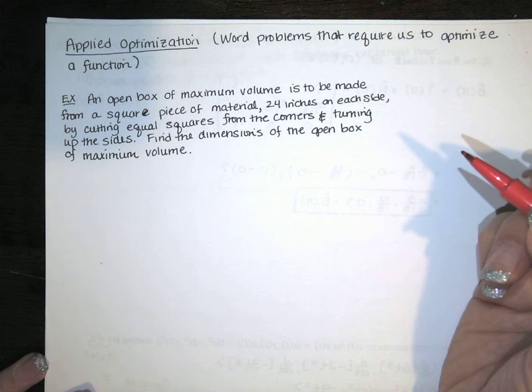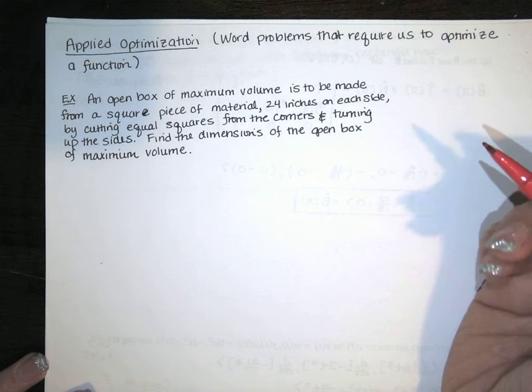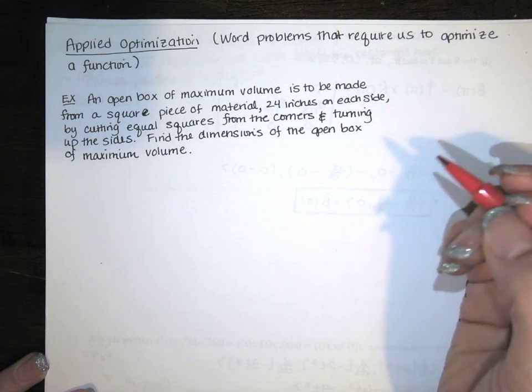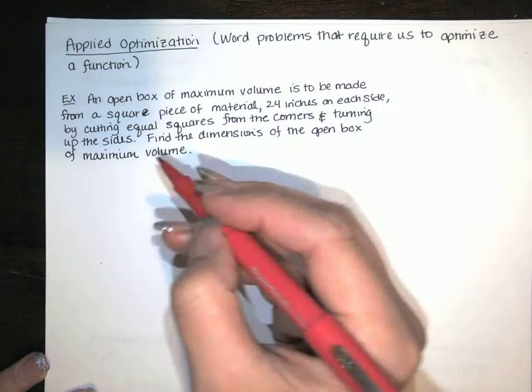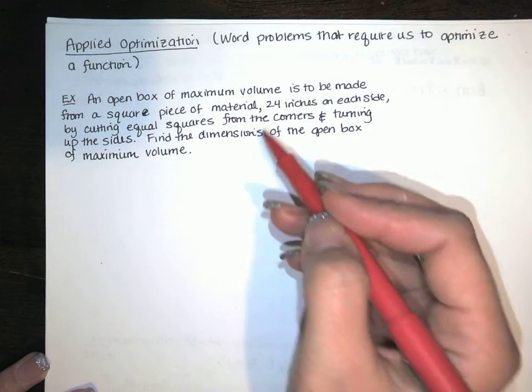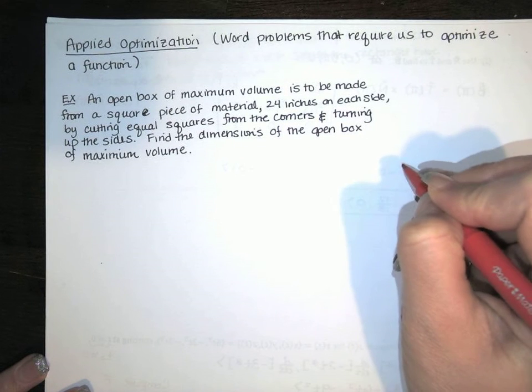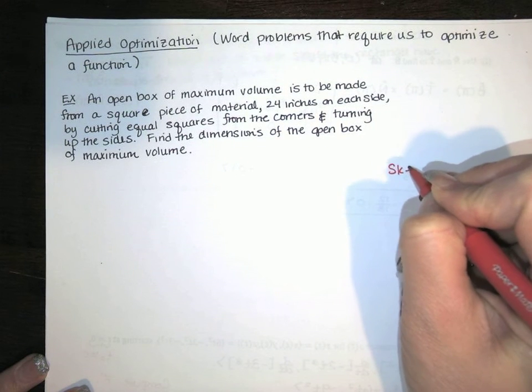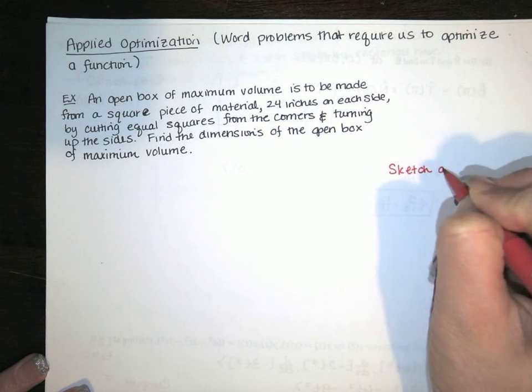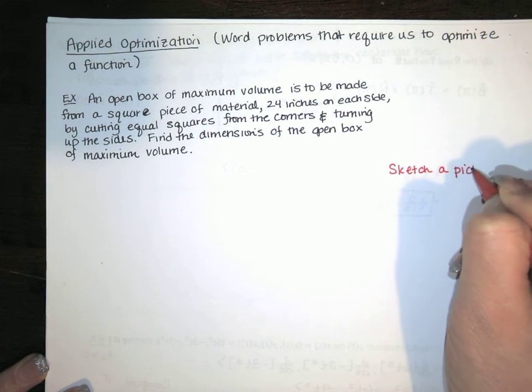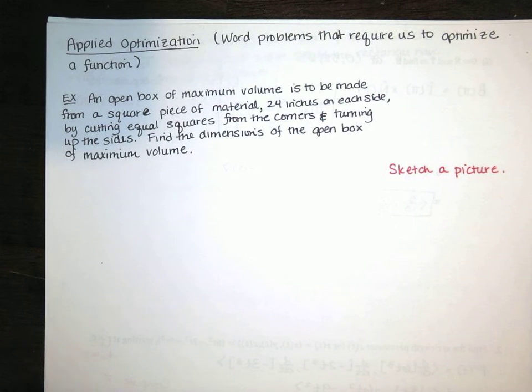Also, if sketching a picture might help, it's always a good idea to sketch a picture. I think in this case they're telling us we've got a square piece of material and we're creating a box from it. I think it's appropriate to sketch a picture. So let's sketch a picture to help us visualize what we're doing.